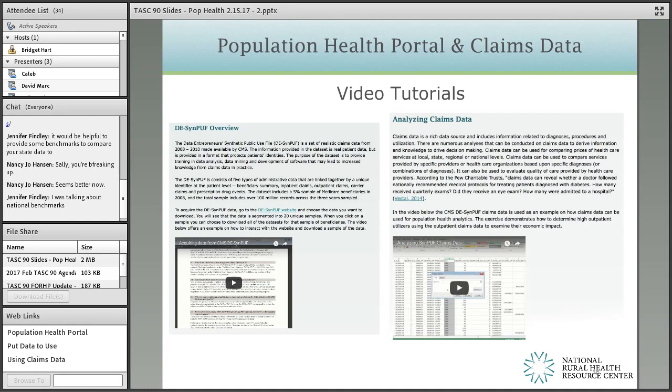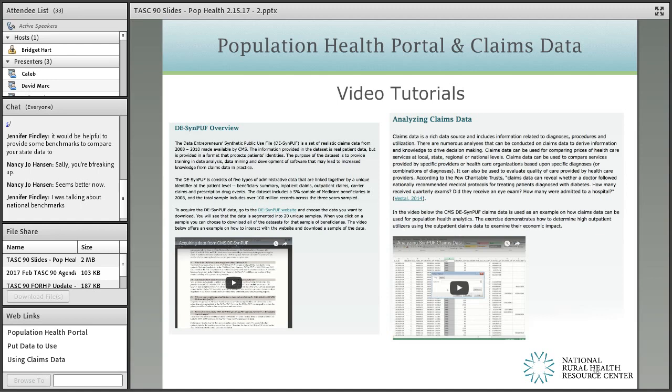Specifically, the portal offers tutorials on how to effectively conduct population health analytics using claims data. There are educational modules built into this website that offer step-by-step instructions of common population health analytical procedures.